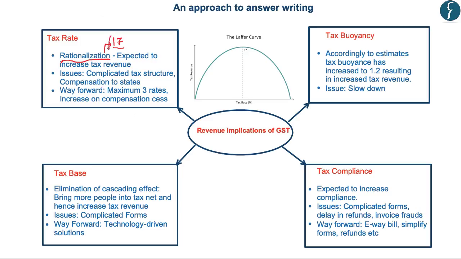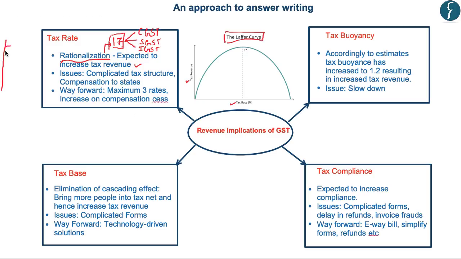Now, at the launch of GST, it was believed that rationalization of these 17 taxes into three categories, namely the central GST, the state GST, and the integrated GST, was expected to increase the tax revenue or at least be revenue neutral, meaning no change in the tax revenue due to tax rationalization. Further, the relation between tax revenue and tax rate is given by what is called the Laffer curve.